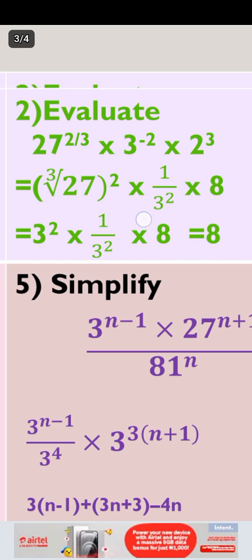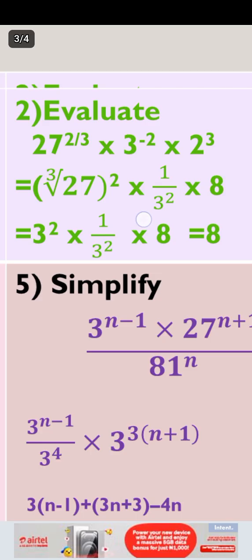But the last one, 2 raised to the power 3, cannot be manipulated to have the same base as 27 and 3. So this is an example of indices where the terms are not in the same base. And what you need to do here is to evaluate.